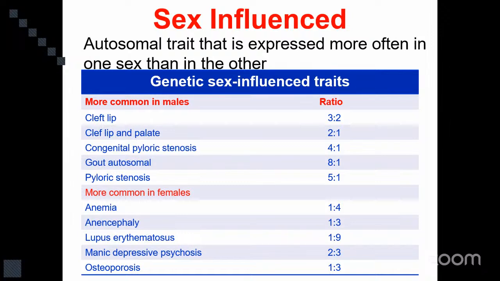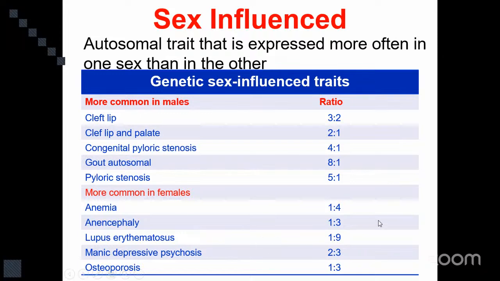If it is detected that a child already has anencephaly, there's not much to do. So the best thing to do in the Western world is to terminate the pregnancy and bring out the child, instead of carrying to term a child that you know is not going to be alive. So you do a surgery to remove the child, so that the mother can recover quickly, and then at some point, if the family thinks they can, they can go ahead to have another conception, which will be better for them.